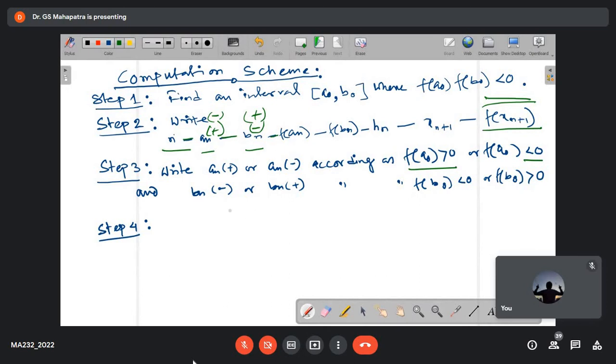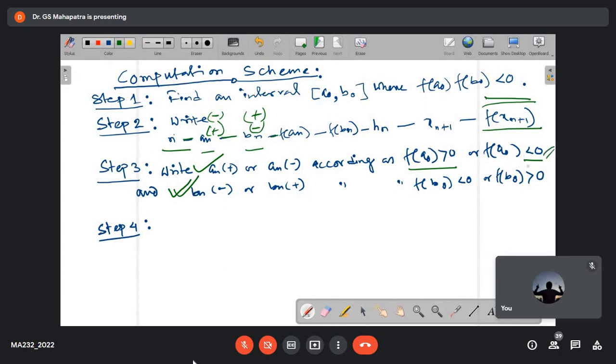Similar case for an, this is for an concept, this is for bn. So write an plus or an minus accordingly, according to f of a naught greater than 0 or f of a naught less than 0.